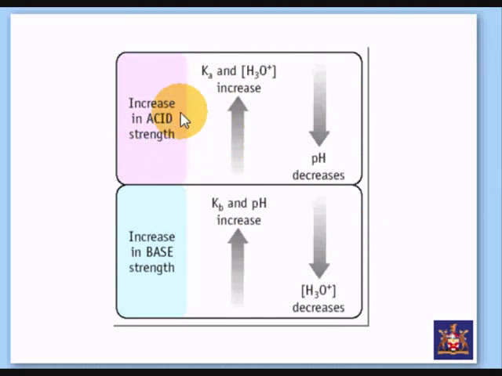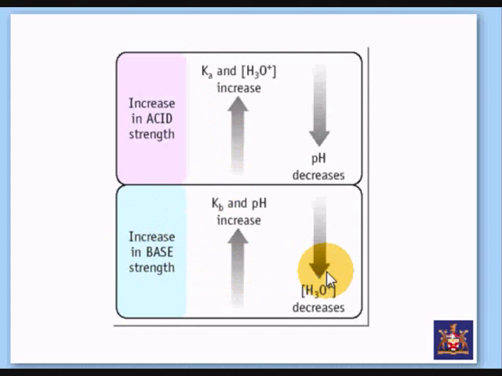And again, there you see the graphic. As Ka and hydrogen ion concentration increase, the pH you calculate is a low number, but a low pH corresponds to a high hydrogen ion concentration.